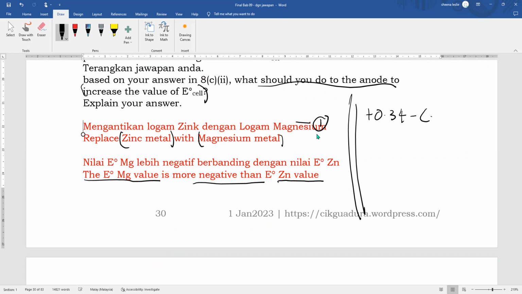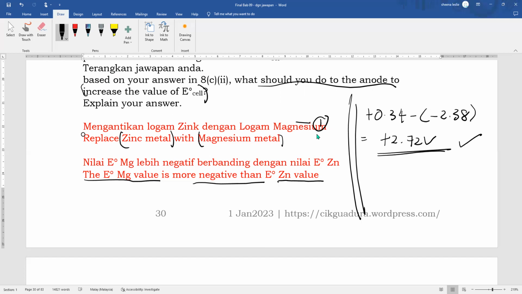Minus negative 2.38. I want all of you to calculate this for teacher. What do you get? 2.72. Positive 2.72 volts, and the answer is correct.